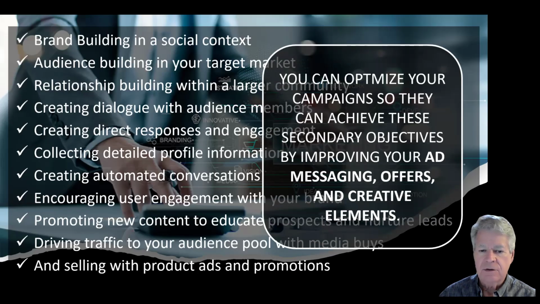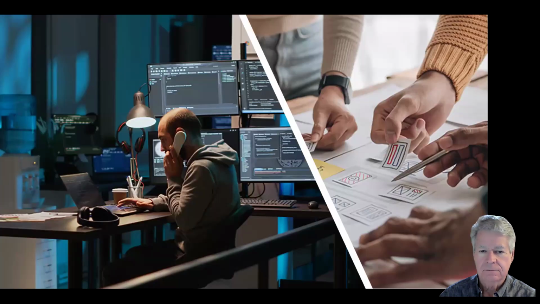You can find metrics in your online dashboard or your CRM that reflect how well you achieve these secondary objectives, such as likes, comments, shares, specific content downloads, video views, and many others. You can track and record all these metrics if you're working with a large internal marketing team, but if you're working on your own, you should at least look at them for clues to see how you can optimize your campaigns.